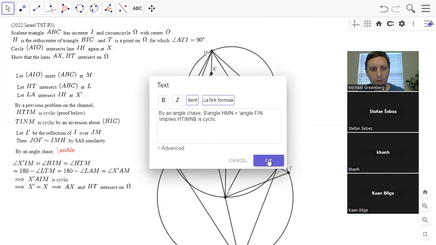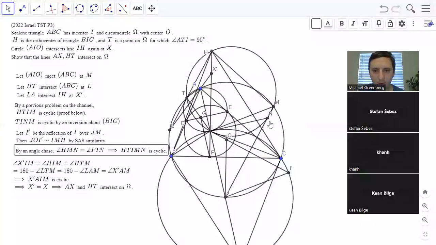All right. So HMN, that's HMI plus IMN, I'm guessing is what you're thinking.